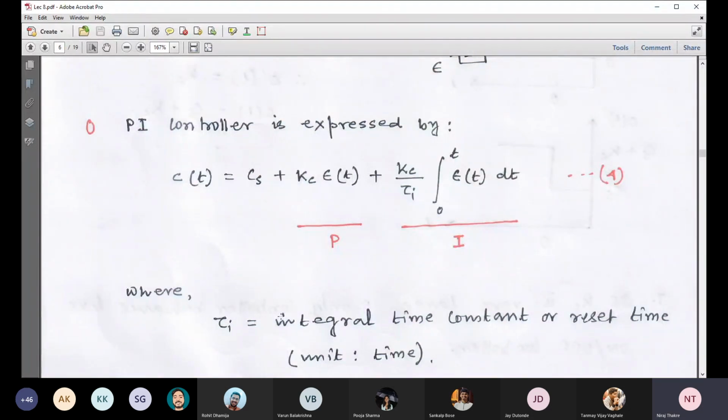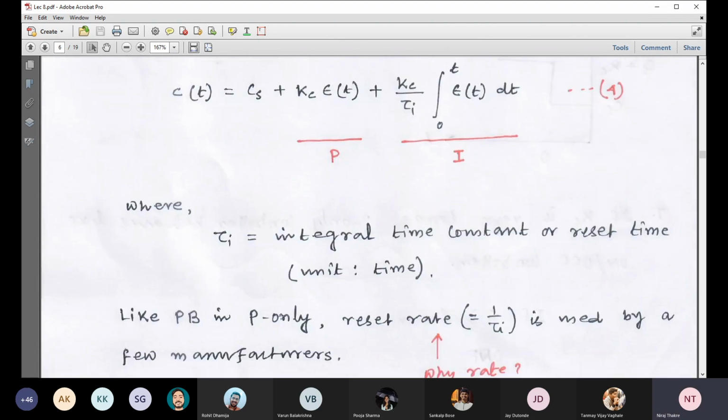It may be second, minute, or hour, depending on what unit you are using for your example system. The unit of Kc is basically delta output by delta input, so depending on the unit of output and input, you need to find out the unit of Kc. But the unit of tau I is always fixed. That is time.